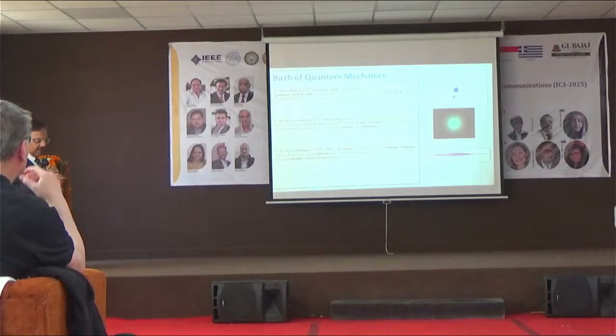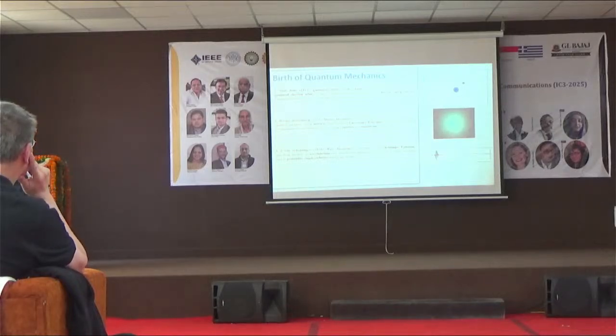Then came Heisenberg, who gave a matrix method and in terms of uncertainties. This uncertainty is very important for quantum computers. Quantum computers are based on this concept only. We will discuss it later on. And then came Schrödinger, who gave the wave nature, how the wave packet will travel inside the medium.